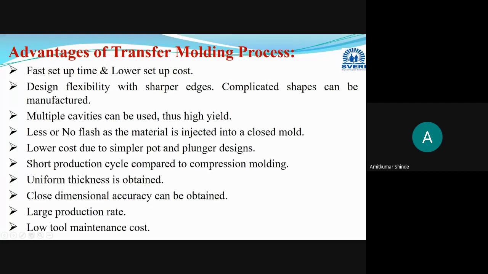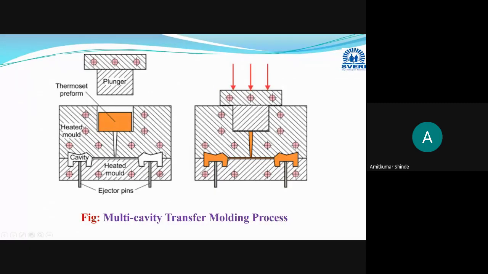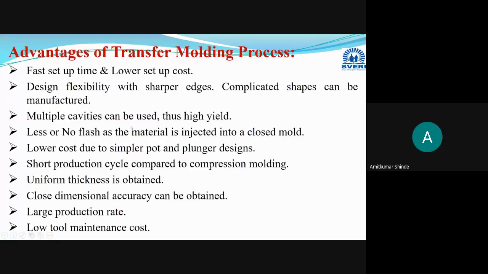Overall you will be able to obtain uniform thickness in the component, and dimensional accuracy will be more. Large production rate, I have already discussed. Then maintenance cost is very less. The maintenance cost of the tools will be very less as compared to compression molding.